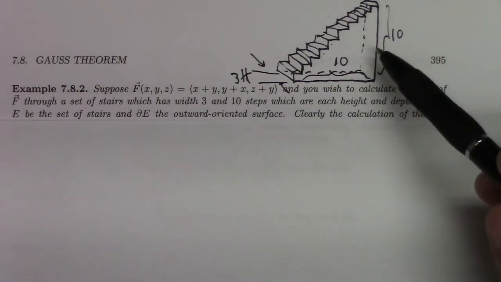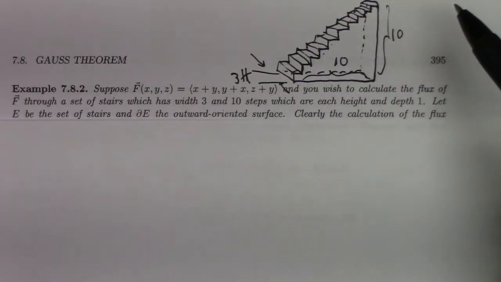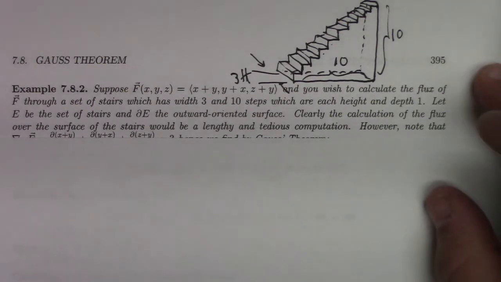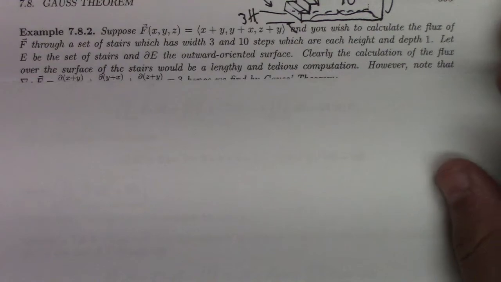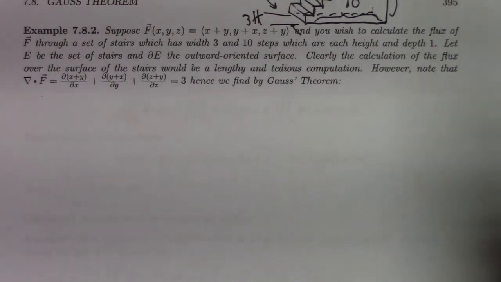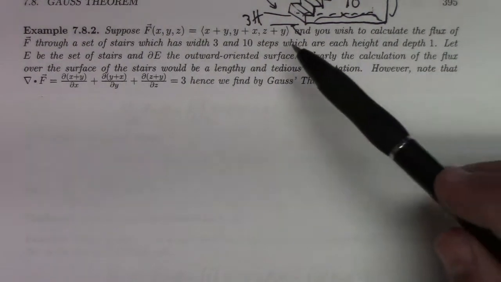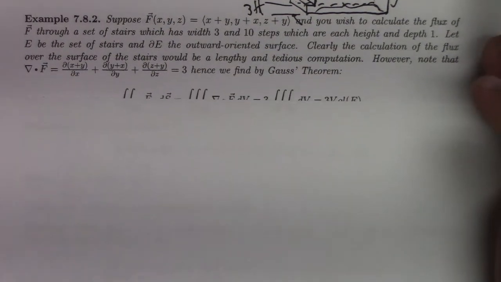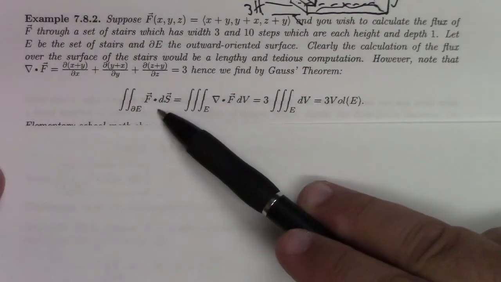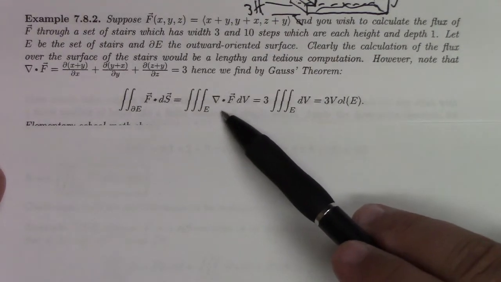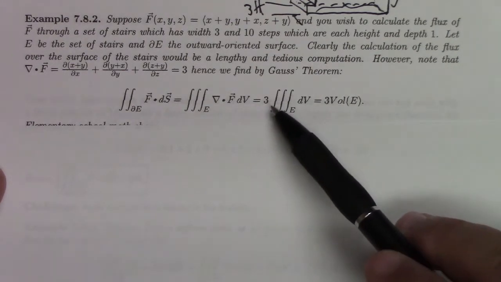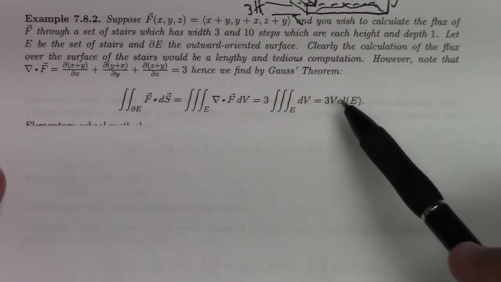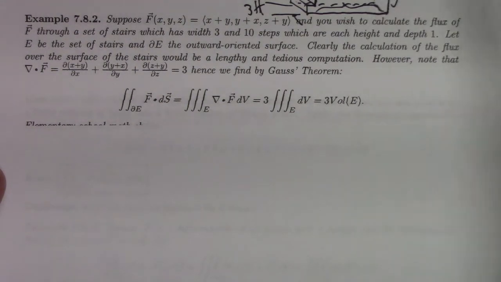If you were to calculate the flux directly on this thing, it would be truly horrible. But this we can actually calculate with the divergence theorem pretty easily. Because the divergence of this vector field is 3, to calculate the flux through the boundary of E, we just have to calculate the integral of 3 dV, which is 3 times the triple integral of dV. In other words, the flux is just 3 times the volume of the stairs.